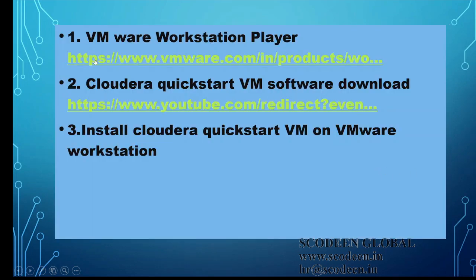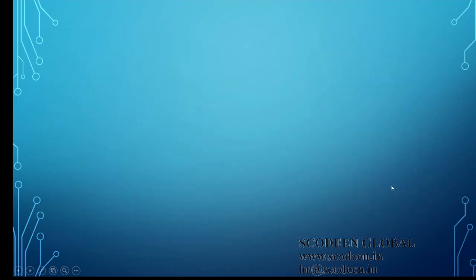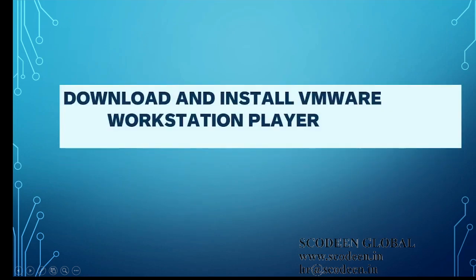For that, this is the link which I will provide for you. Just click on that link, or you can paste it on Google and you will be able to install VMware. Our first step is to download and install VMware Workstation Player.